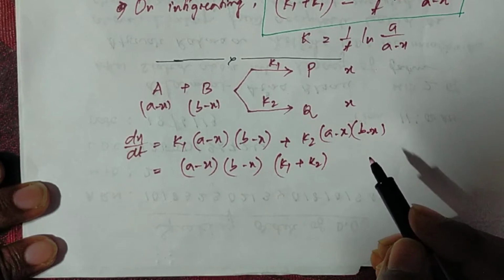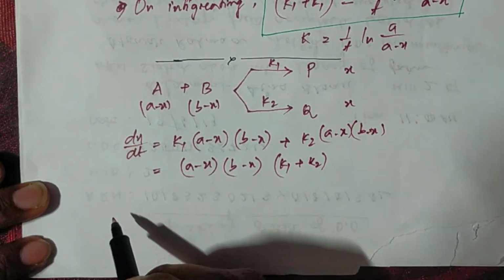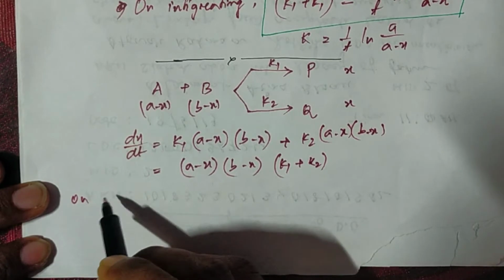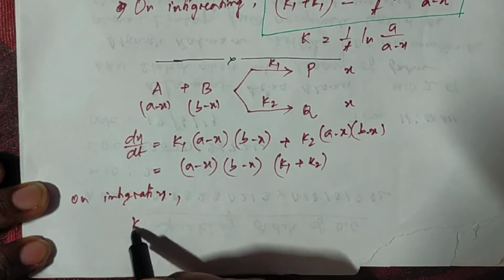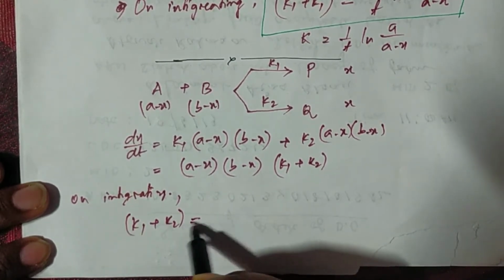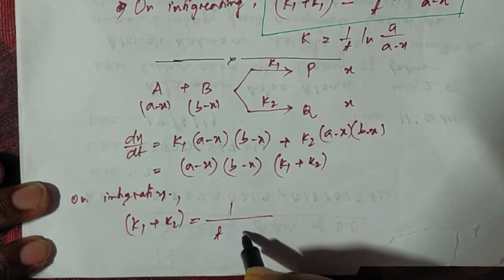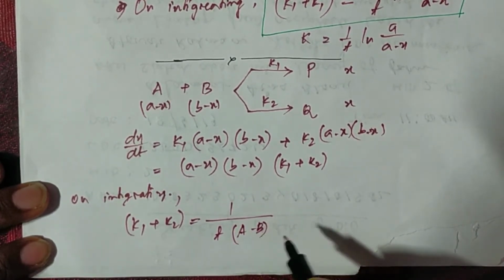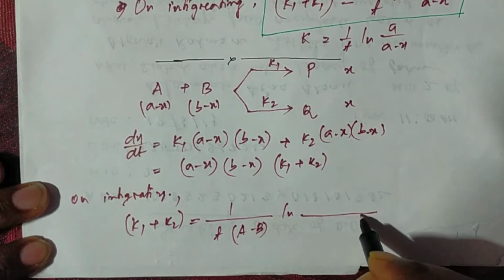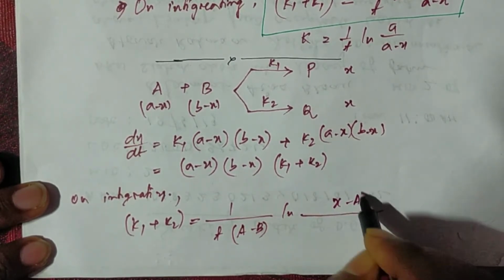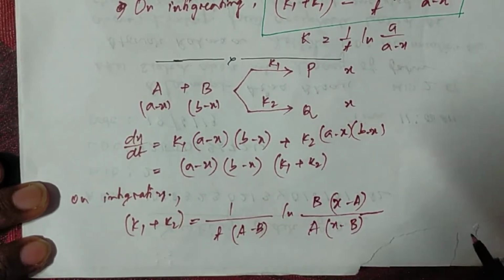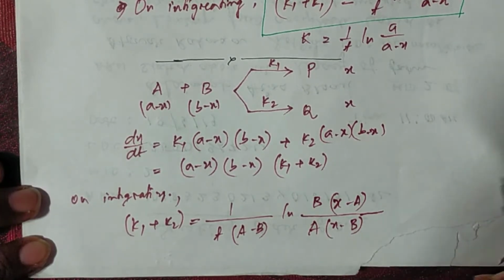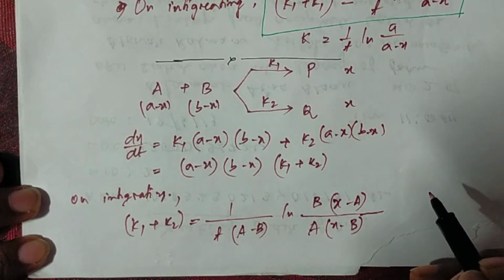After integrating this equation, I will get K1 plus K2 is equal to 1 by t(a minus b) ln of (x minus a) by (x minus b), with b and a in the appropriate places. So this is the second order parallel reaction expression for the rate constant.